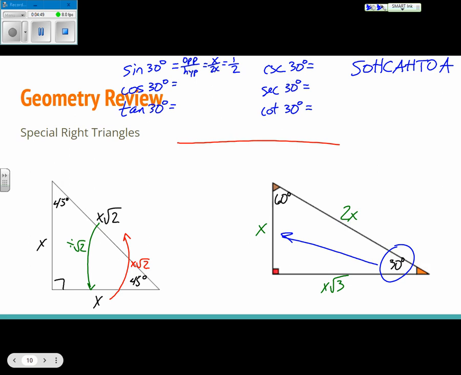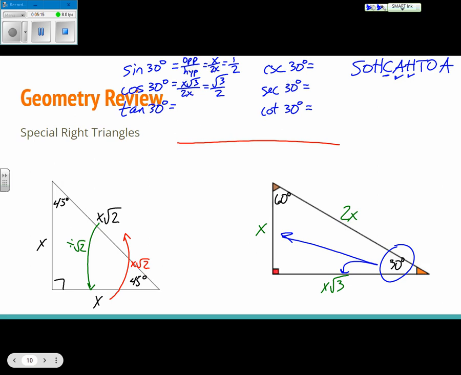Moving on, cosine is the adjacent over the hypotenuse. The adjacent side to this 30 degrees is x times the square root of 3. The hypotenuse is still 2x. And again, a lot of x's will cancel. The x's are a little bit redundant here, but I do believe this is how it was taught last year.